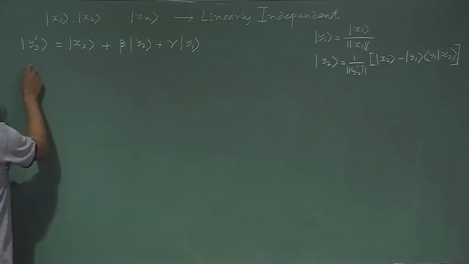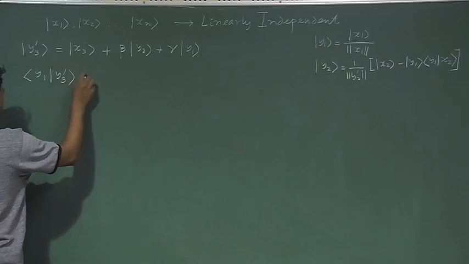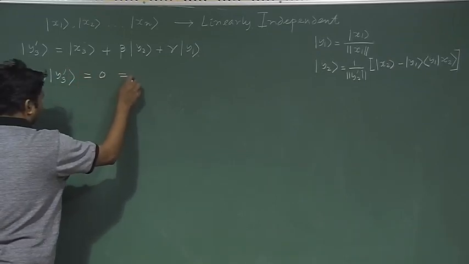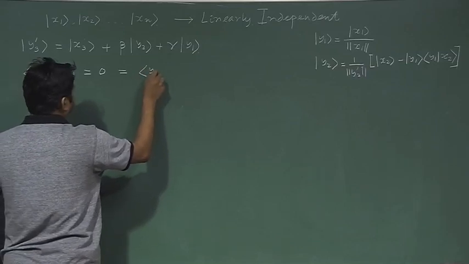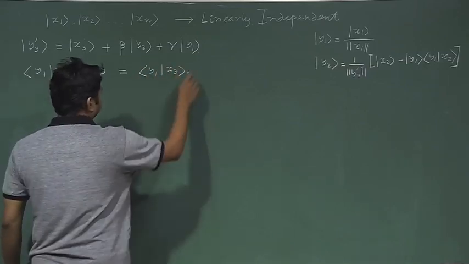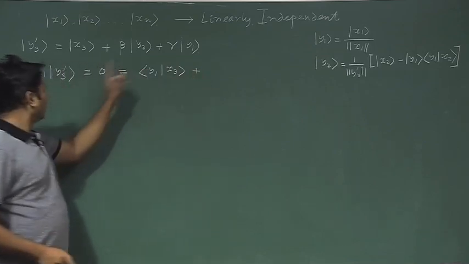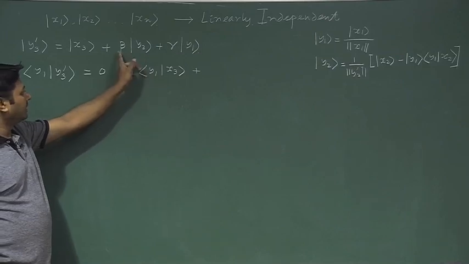So, the first thing is, if I take this quantity, I want it to be 0. On the right hand side, this term will not be there because y1 and y2 are perpendicular, so the beta term will not be there.